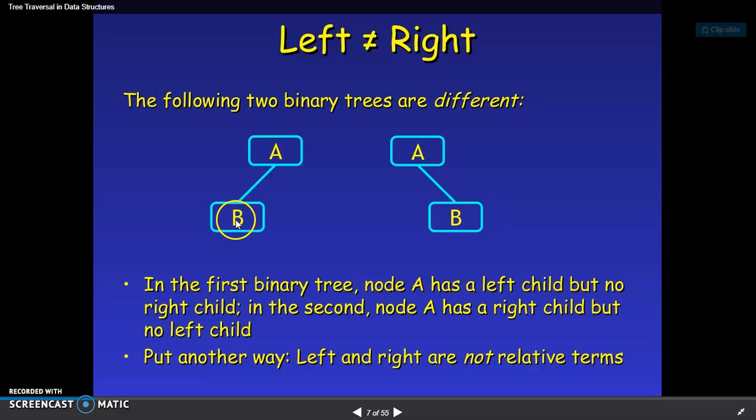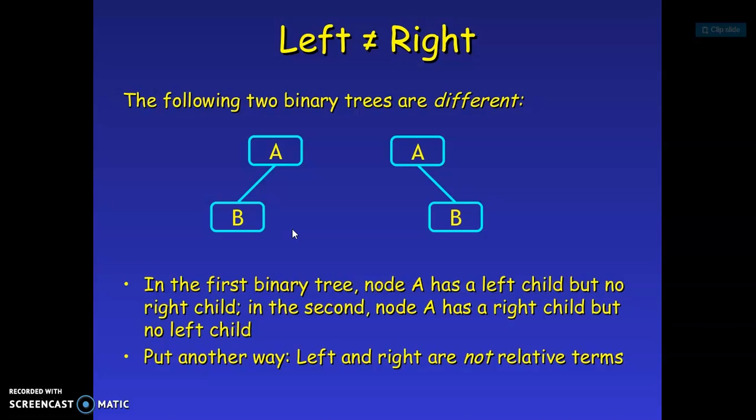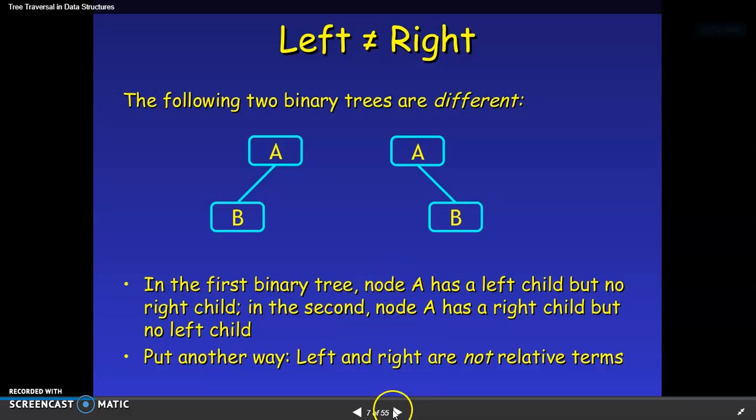Because B is the left child of A in the first figure, but in the second figure, B is the right child of A. That is, in the first figure A has a left subtree B, and in the second figure A has a right subtree with B. So we cannot say these two are the same, because B is on two different sides of the trees.